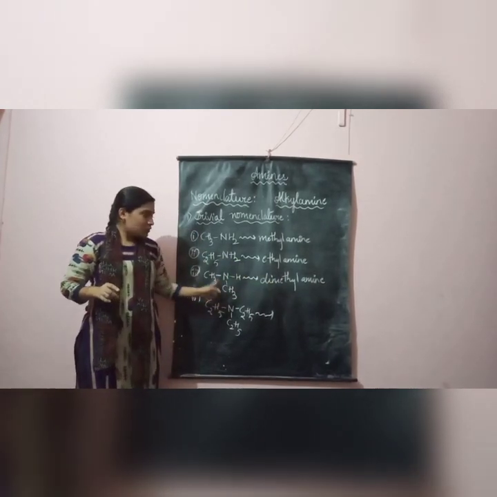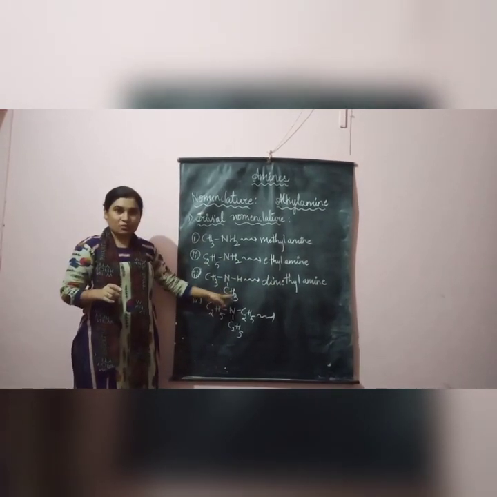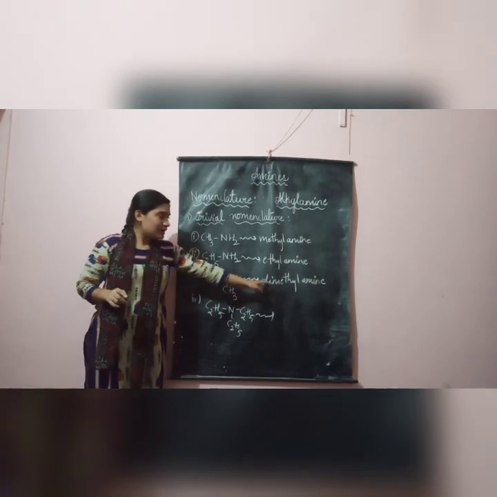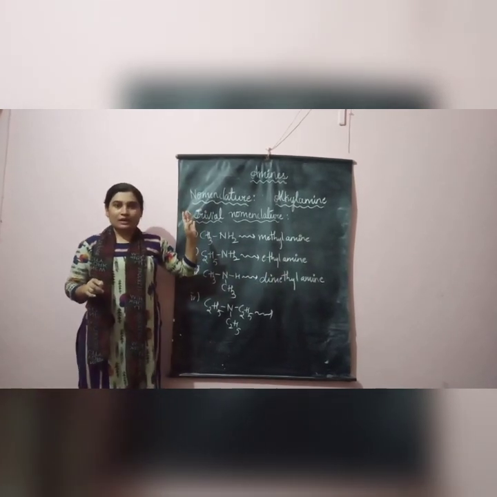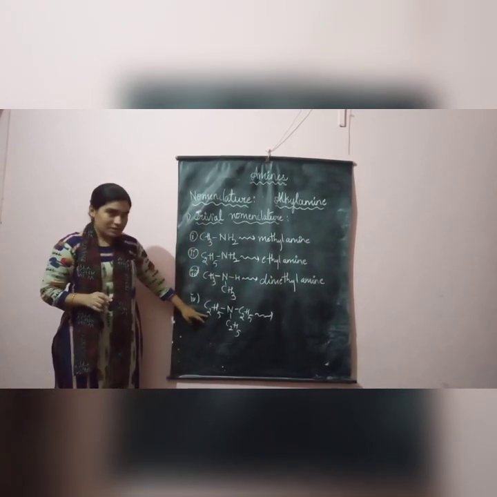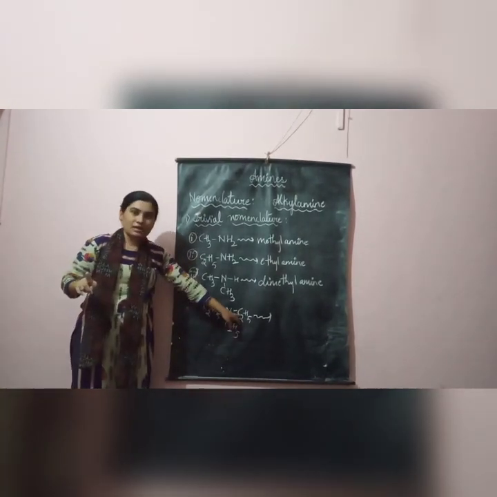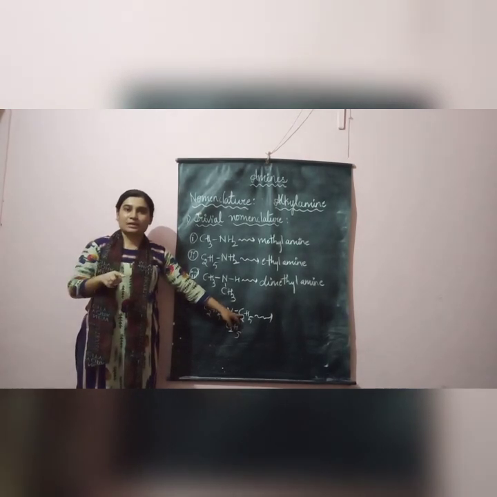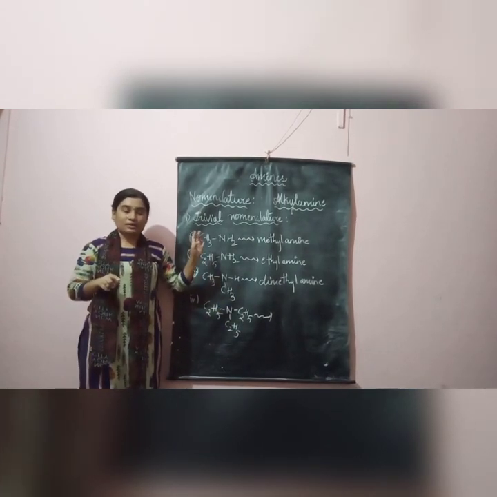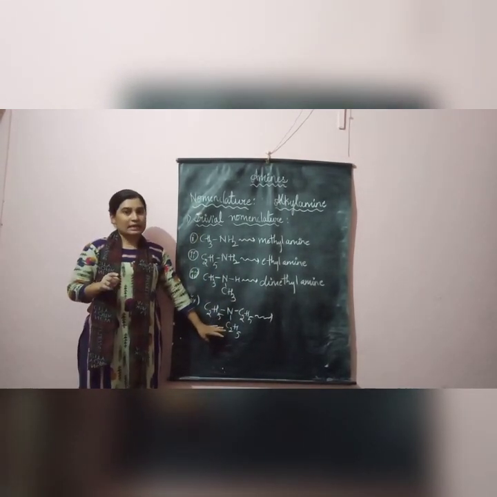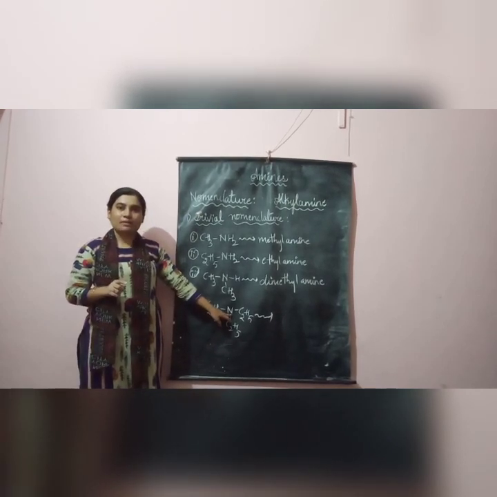If I have C2H5 in place of CH3, both sides having C2H5, then I will be writing diethyl amine. Now next see. What is written here? Here only one N is present. C2H5, C2H5, C2H5. All the three hydrogens are replaced by the same group C2H5. What is C2H5? Ethyl. Primary, secondary or tertiary amine?